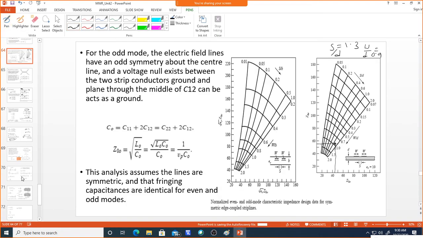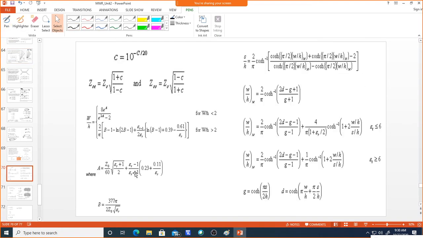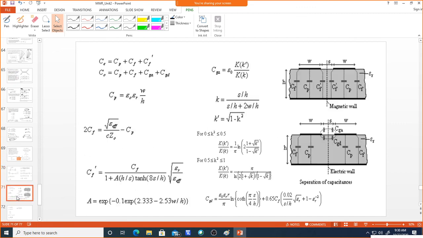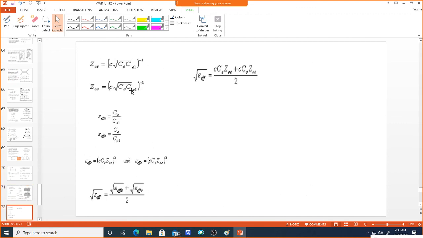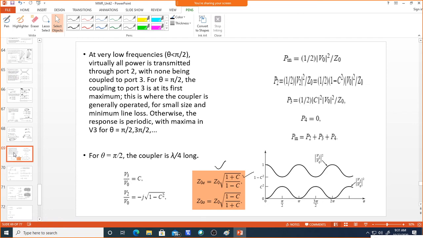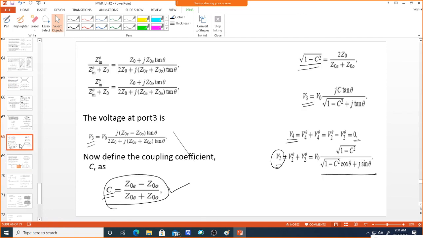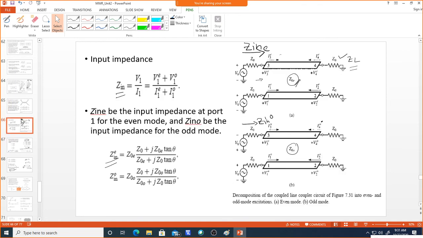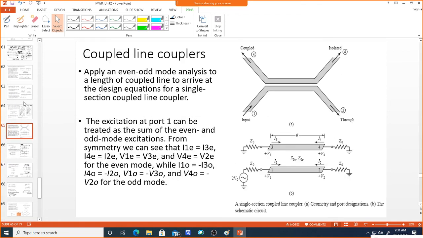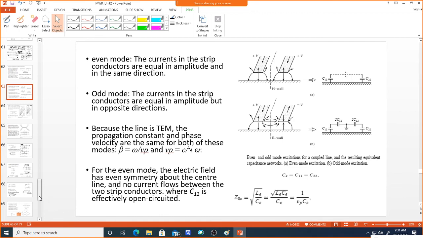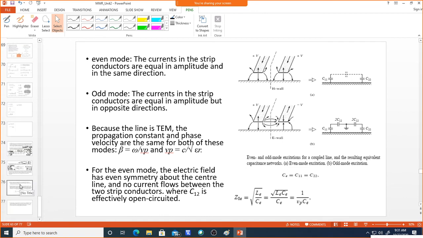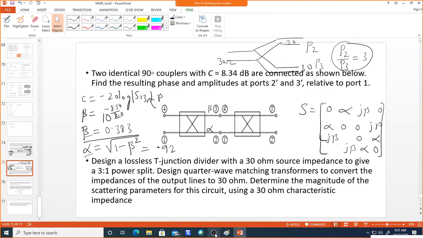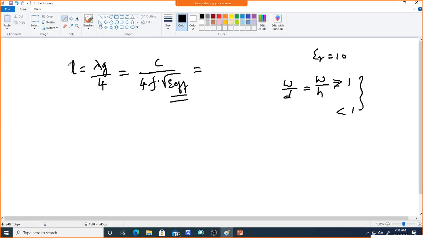We have given those equations for epsilon r values. Here the microstrip equations are, I think, not there. You need to use the corresponding effective epsilon equations and calculate the length of the parallel line coupler.